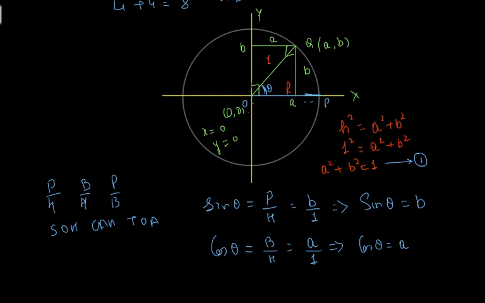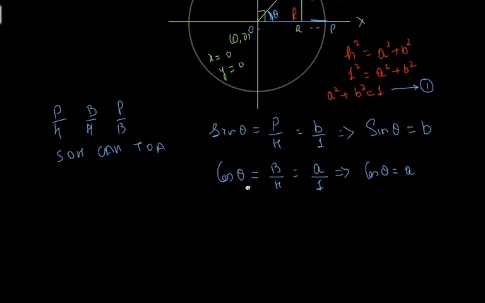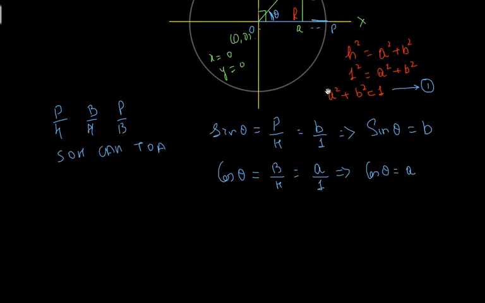Now, what we do is that this is the equation which we just made. We will put the values of A and B in this equation. So A is cos of theta, squared, plus sine of theta squared equals 1.